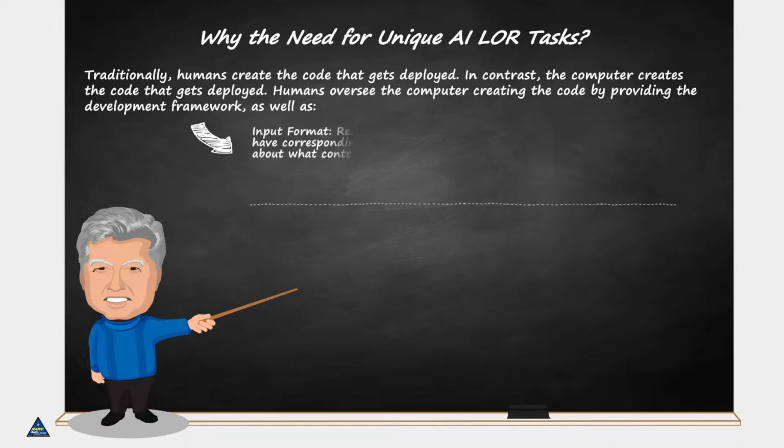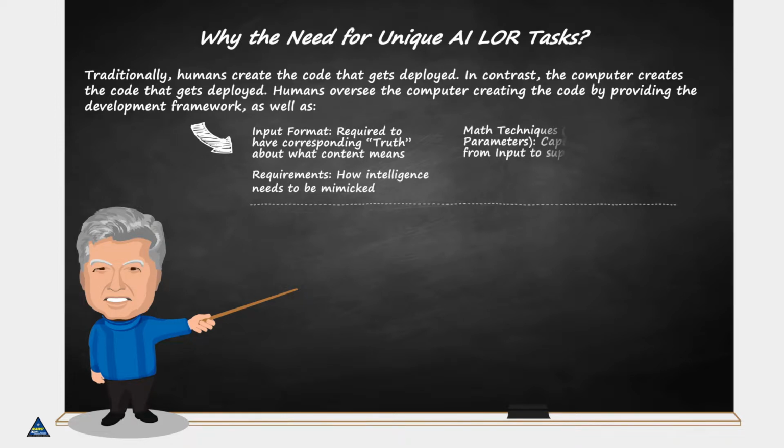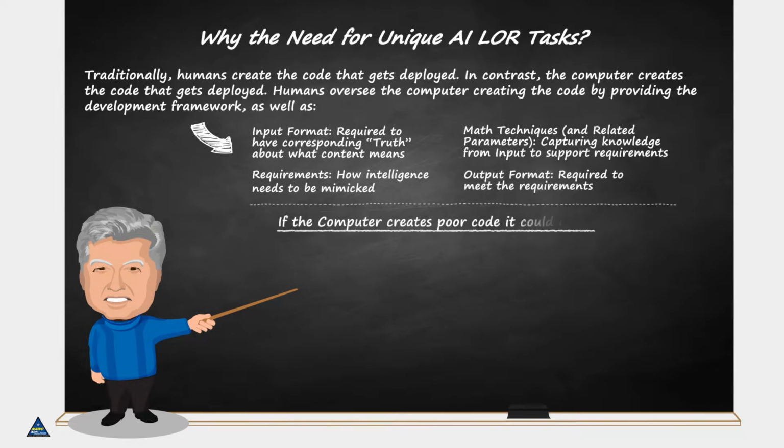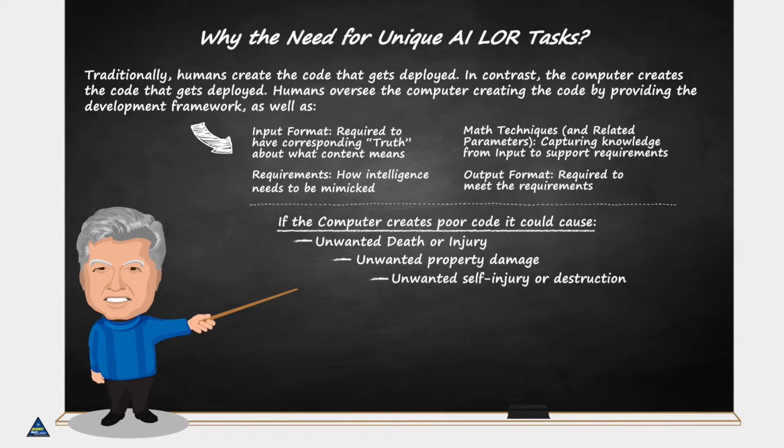It'll have the input format, the requirements, the math techniques, and the output format. Here's the rub. If the computer creates poor code, if the AI model isn't developed sufficiently, with quality, with control, you may cause unwanted deaths or injury, unwanted property damage, or unwanted self-destruction.